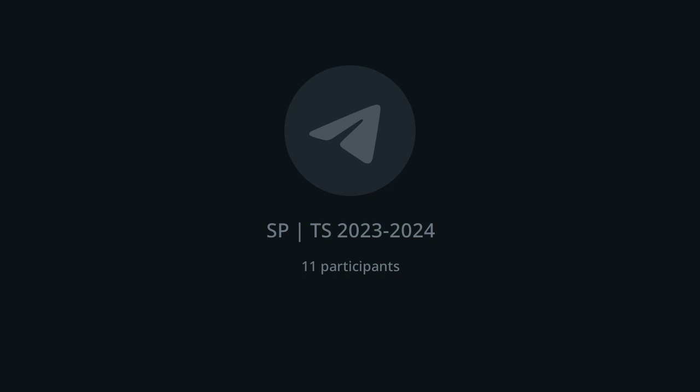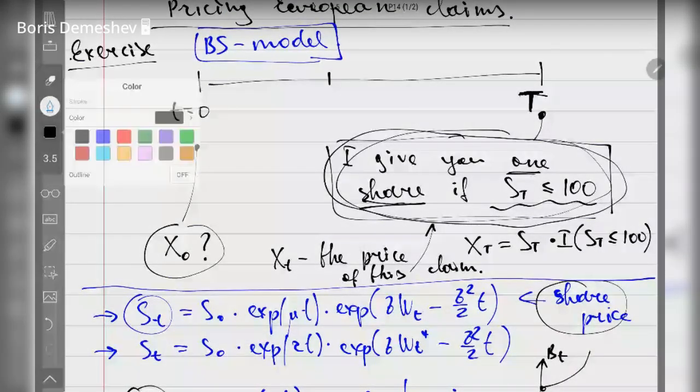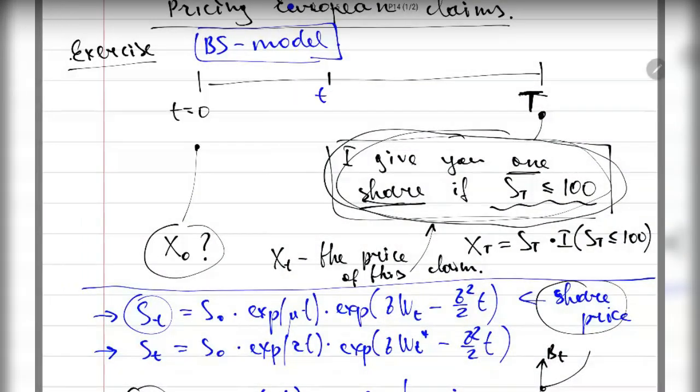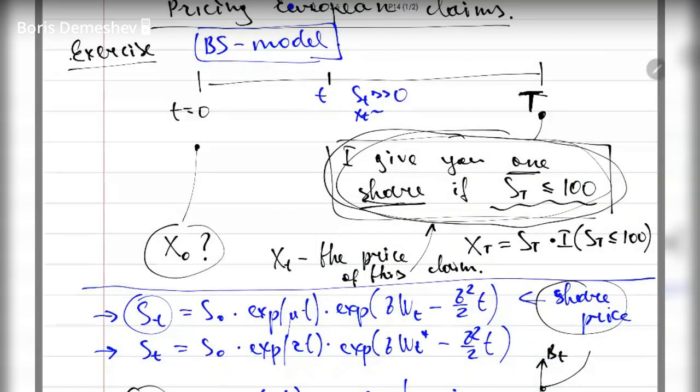If ST is high, XT is low. Imagine that at some moment of time ST is very big, so that basically will mean that XT at this moment of time is very low.